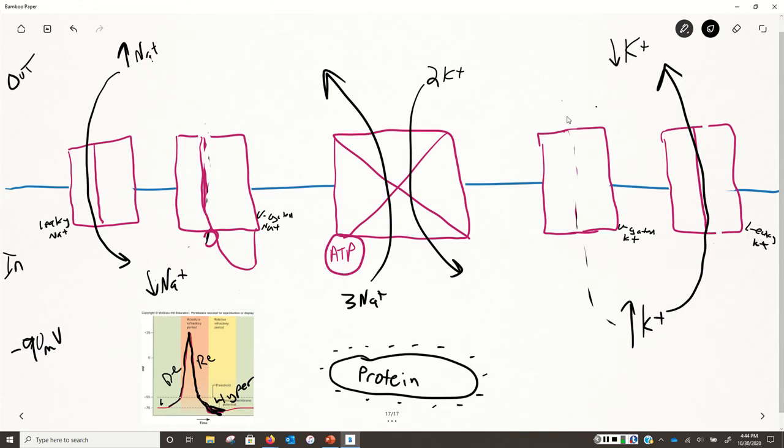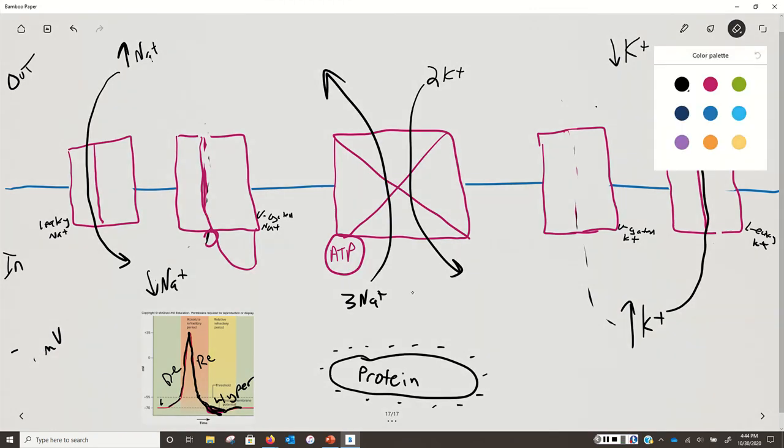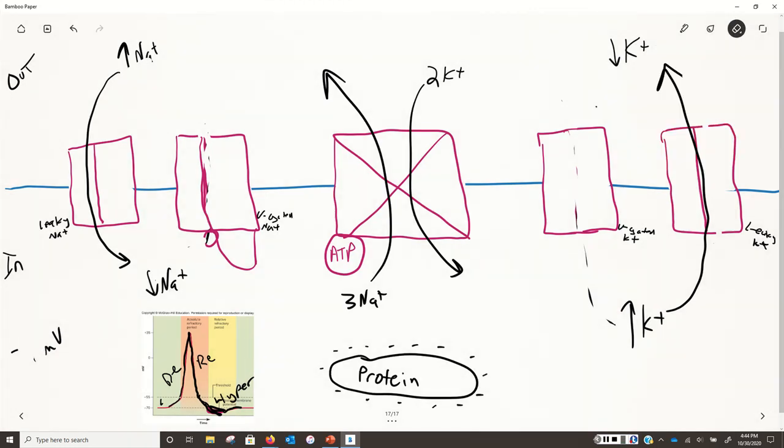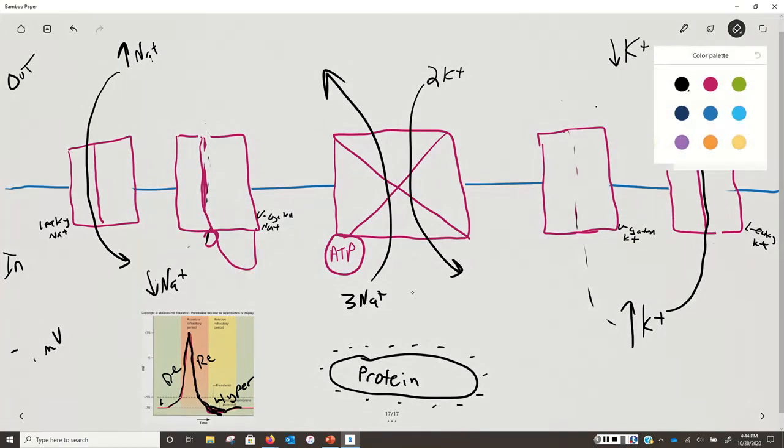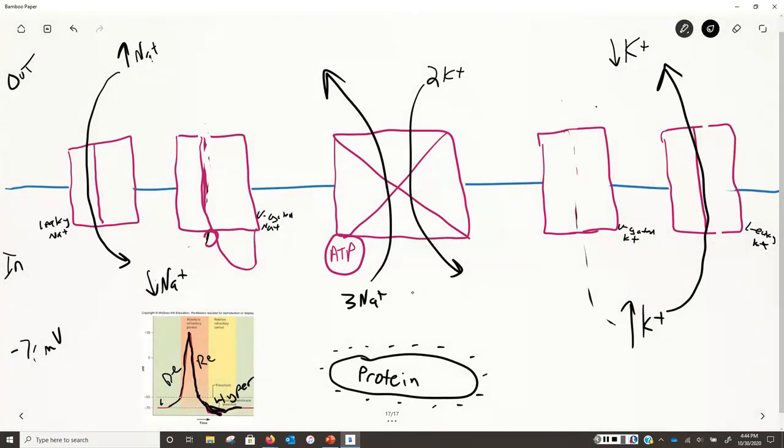Once it closes, the sodium-potassium pump is busy resetting everything. We come back up to resting potential. We bring our negative 90 back up to negative 70. And we're back at resting membrane potential.